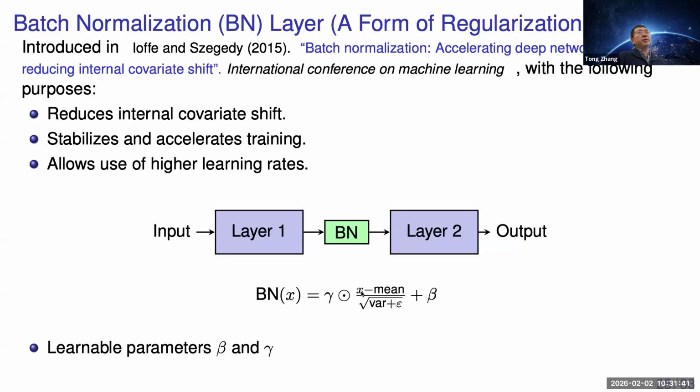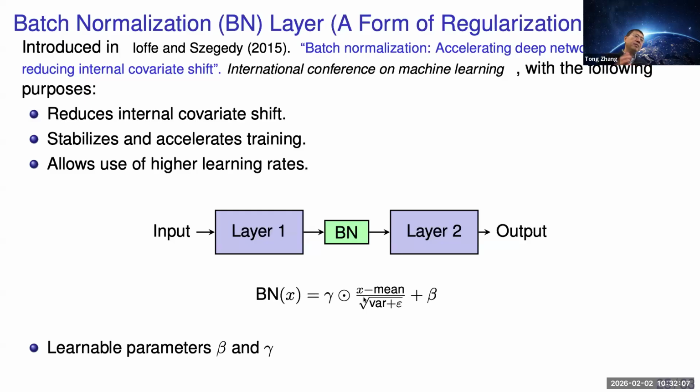If you have an image, it's C times H times W, and you think of that as a vector with C times H times W elements.